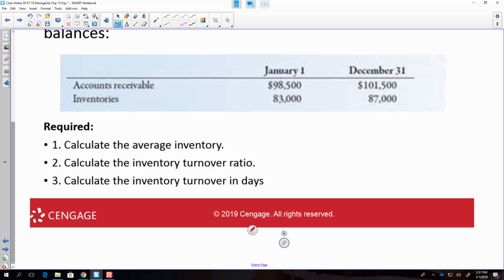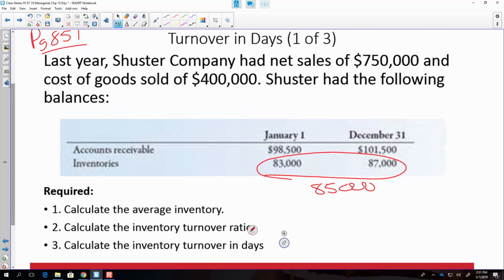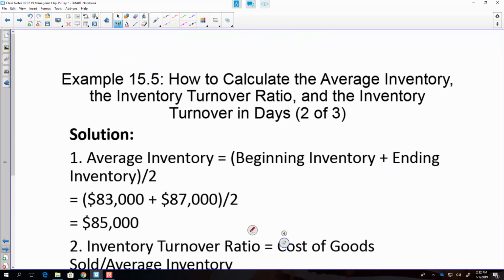So now we're looking at 83 and 87. Obviously, the average is 85, and dividing that into our cost of goods sold, which in this case is 400,000. 400,000 divided by 85,000 gives me, what's my answer?